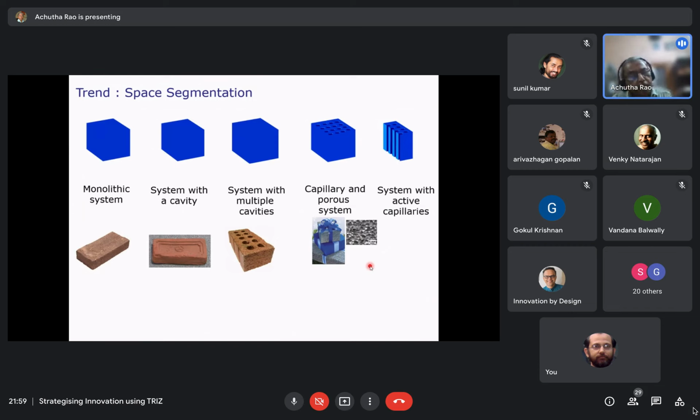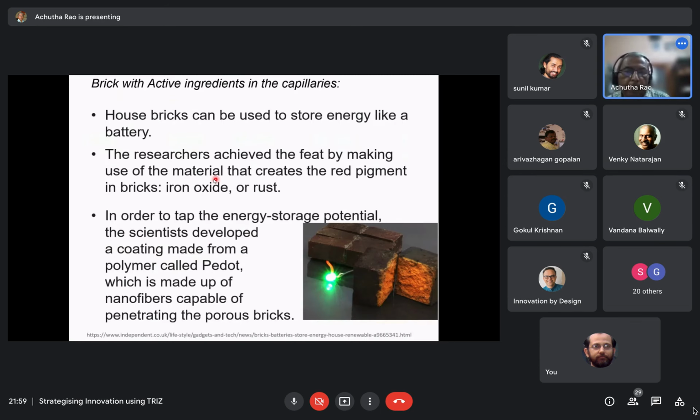So actually, that's much better. If I'm selling this brick in Nagpur, I will have a better insulator, right? If I'm selling this brick in Bombay, I can avoid the plastering and see that water does not percolate. These are all possibilities, right? But actually, one innovation has happened. It is filled with elements which will generate power. This is a very interesting thing, okay?